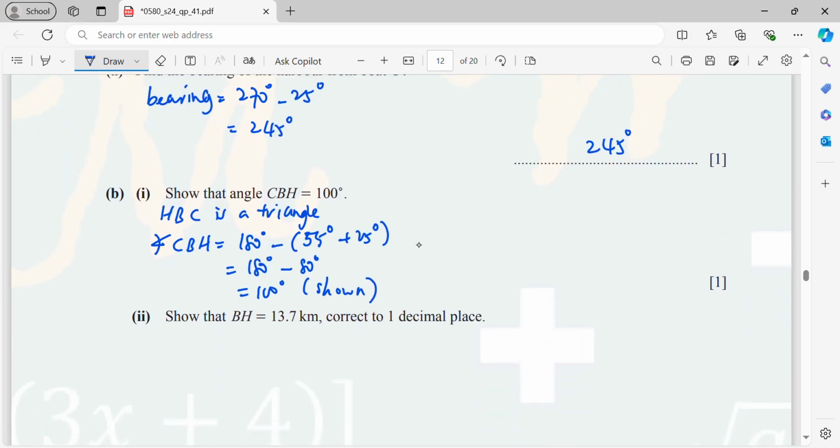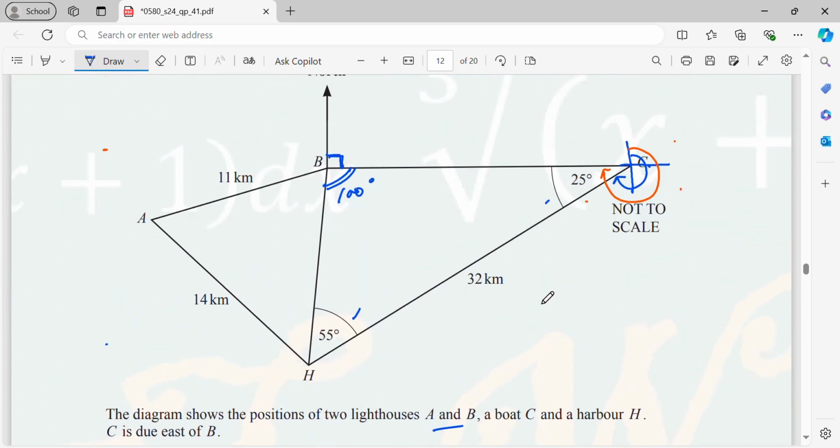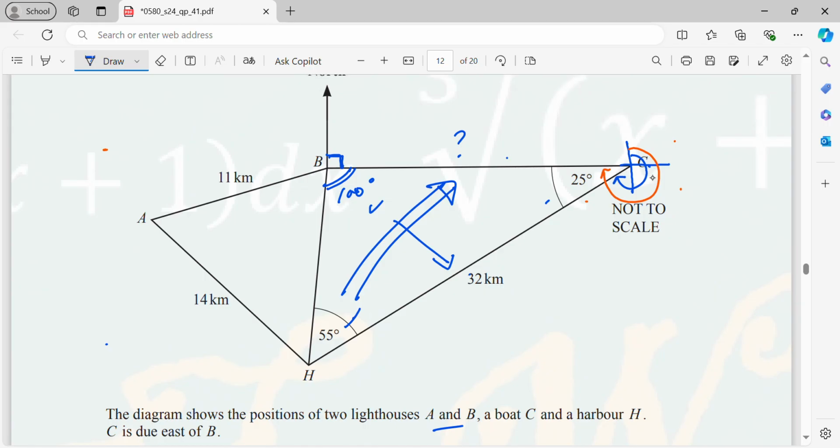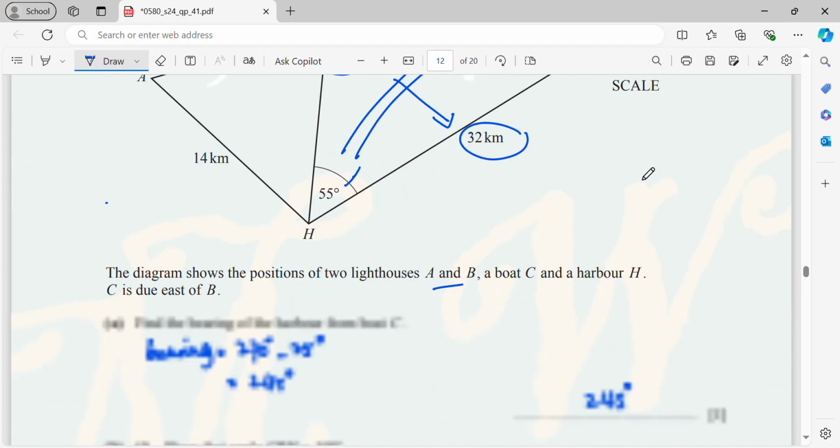Now, part 2. Show that BH is 13.7 kilometers correct to one decimal place. So where is my BH? I need to show this. Since we have found the angle here, and this is the opposite side, and 55 degrees is given, whatever you want to find is the opposite side of the 55 degrees. Then I can just use the sine rule. So I will use sine 100 degrees over 32 kilometers.